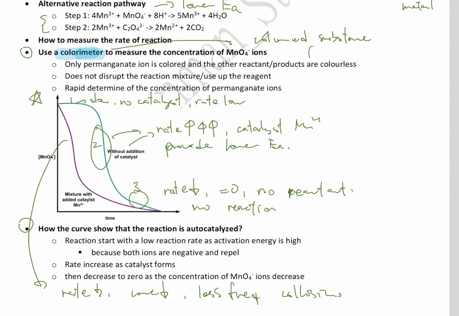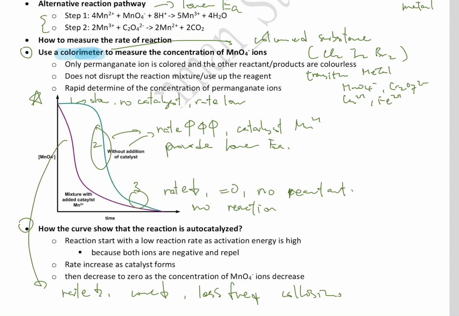For coloured substances, the examples you will know are all the halogens, and also metal ions, but only transition metals, like MnO4-, Cr2O7 2-, and maybe Cu2+, Fe2+.